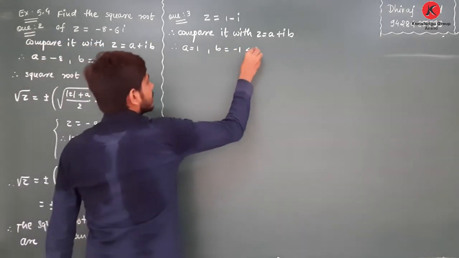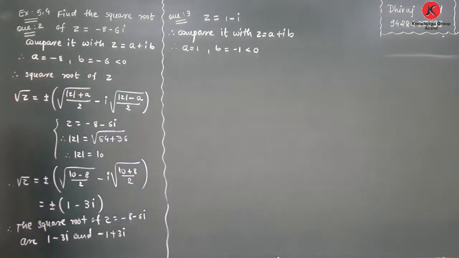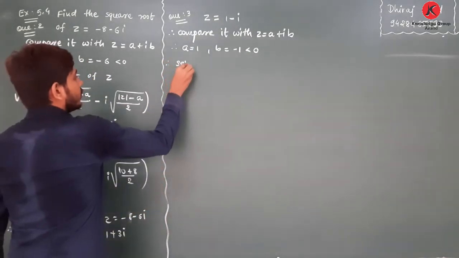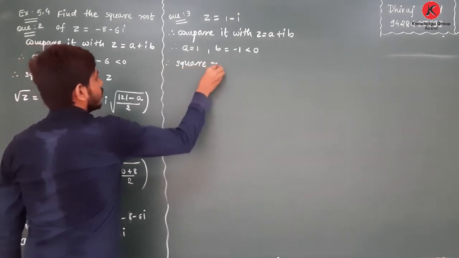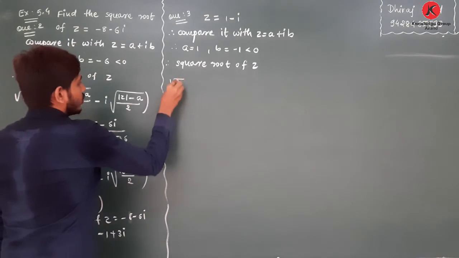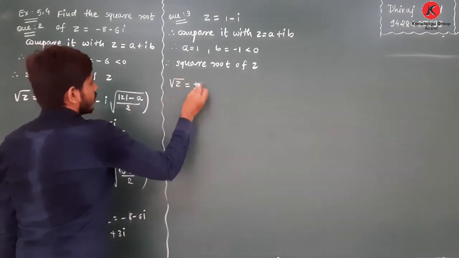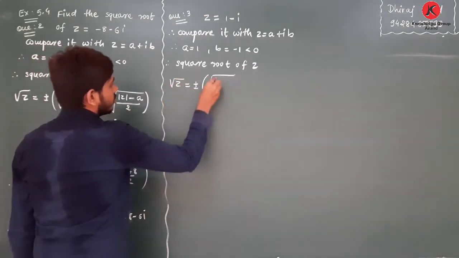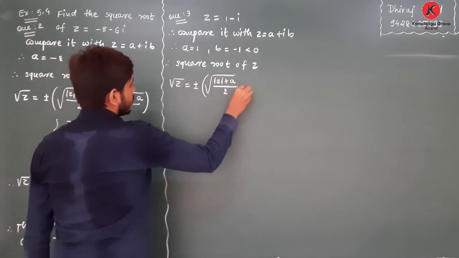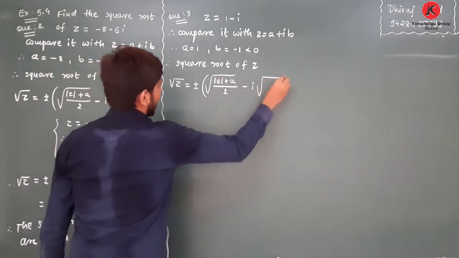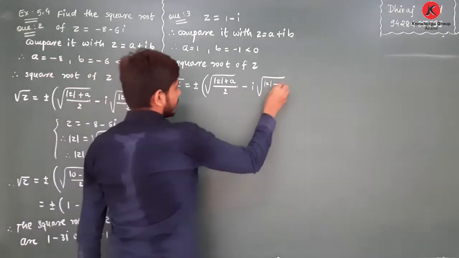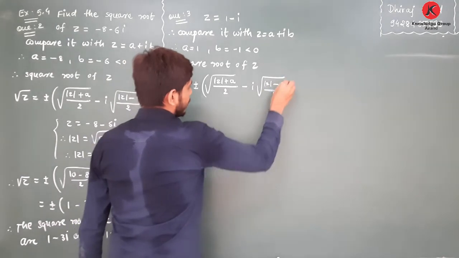Here b is negative. Therefore the formula for the square root of z is under root of z equals plus or minus under root of modulus of z plus a divided by 2, minus i under root of modulus of z minus a divided by 2.